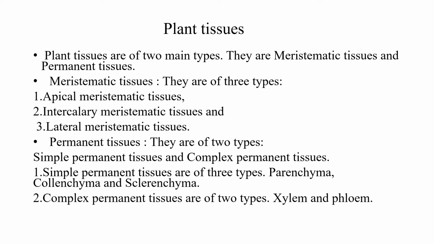Then permanent tissues consist of two types, simple permanent tissues and complex permanent tissues. Under simple permanent tissue, there are three types, parenchyma, collenchyma and sclerenchyma tissues. Under complex permanent tissues, there are two types, xylem and phloem. Yes, we can see it in the form of a flow chart.